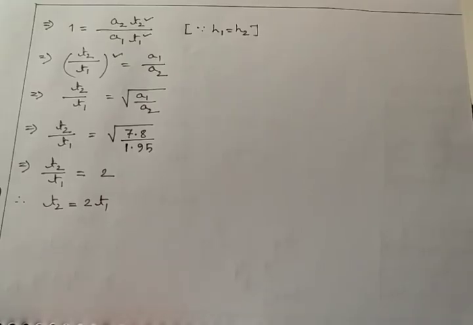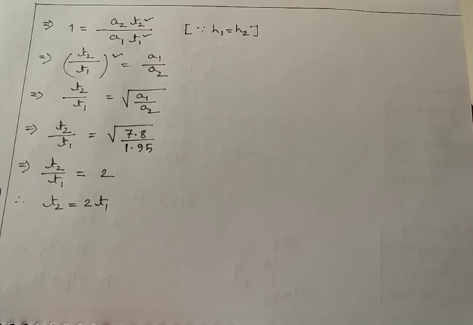But in our question, the height is the same for both objects. That means they are released from the same height of 50 meter. That's why h1 equals h2, and so the left side will be 1 here. If we make a ratio of t2 by t1, t2 by t1 equals root over a1 by a2. We have calculated the values of a1 and a2 earlier in this question.